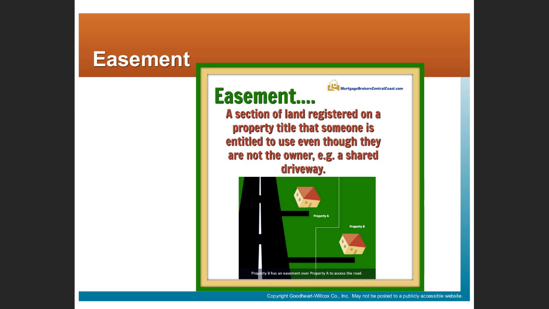So when they develop this property, they create an easement here to allow access to that property. So that would have been done prior to either of these two people owning that land, right? It was done when the land was subdivided and developed. Does that make sense?